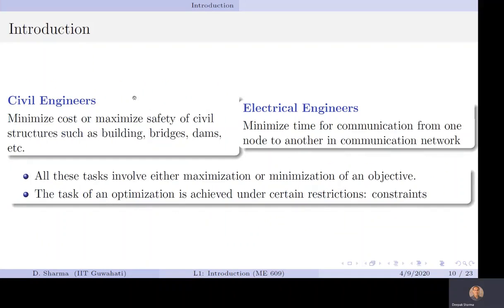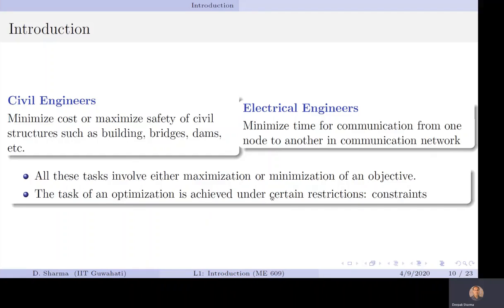Similarly, civil engineers would like to minimize the cost or maximize the safety of civil structures, such as buildings, bridges, dams, etc. Electrical engineers would like to minimize the time for communication from one node to another in a communication network. So there could be many examples from various fields where optimization will be needed. What you will realize is that all of these tasks, whether it is a civil engineer or an electrical engineer, involve either minimization or maximization of an objective.